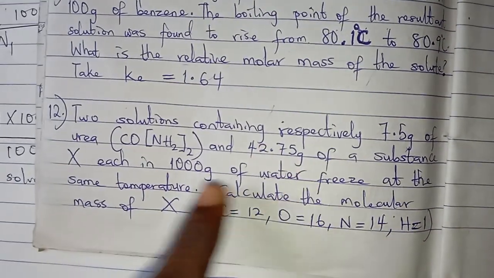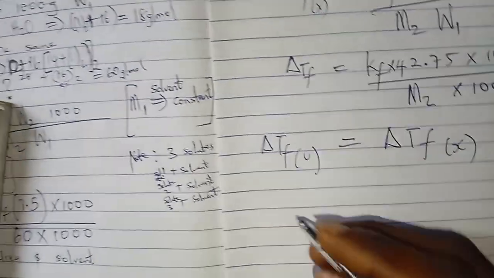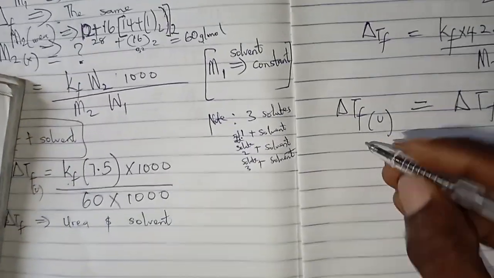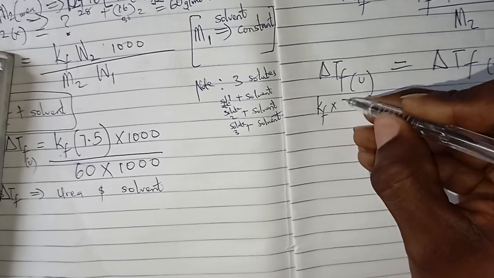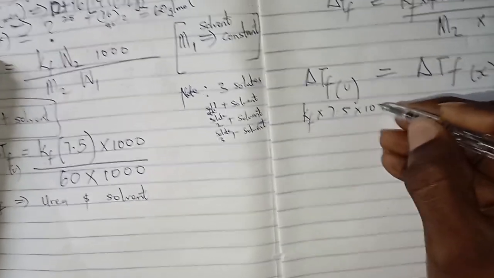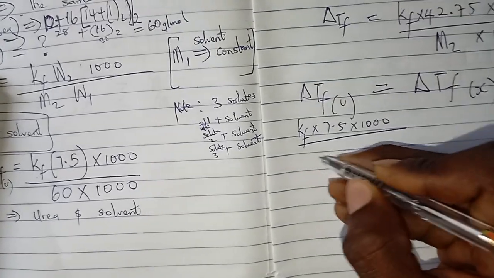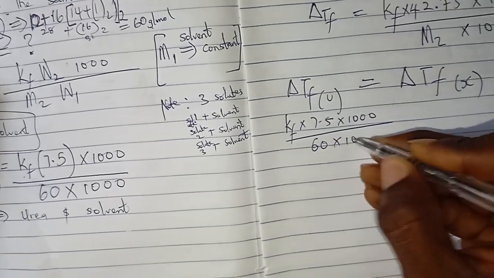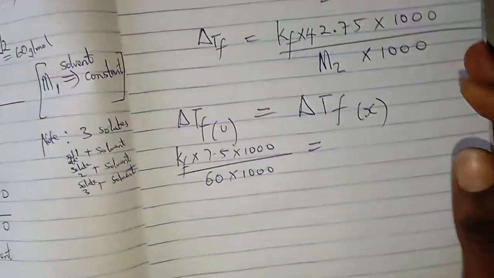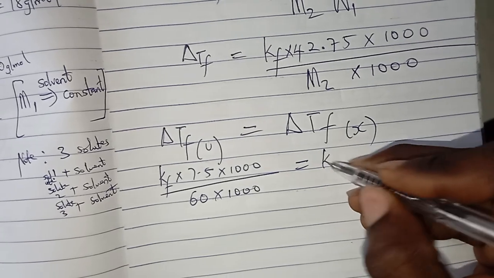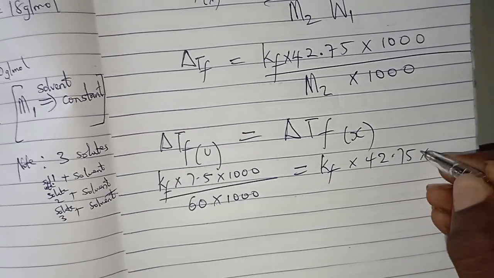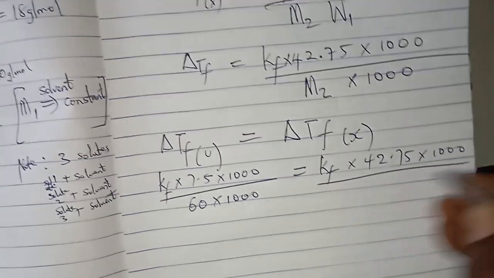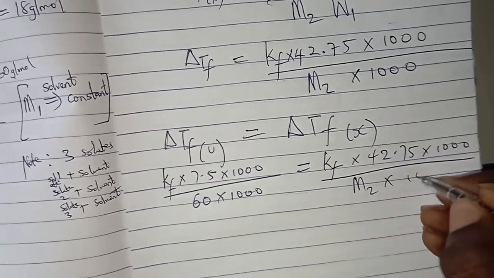Since they freeze at the same temperature, their temperatures are equal, so I just need to equate the values. I have Kf times 7.5 times 1000 all over 60 times 1000 equals Kf times 42.75 times 1000 all over M2 times 1000.